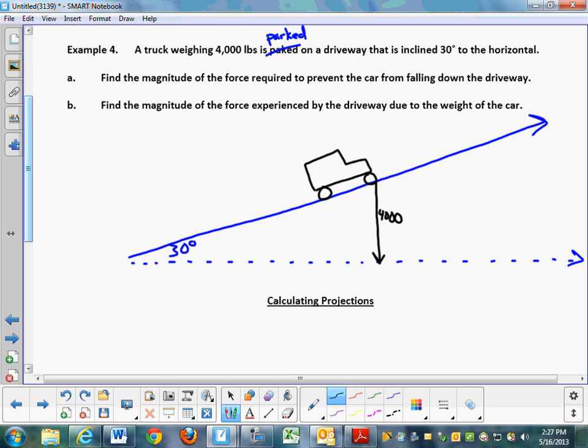So if that's my truck, this truck has different components of force. Number one, if you think about it, that truck might want to roll backwards, right? And so I have this component.